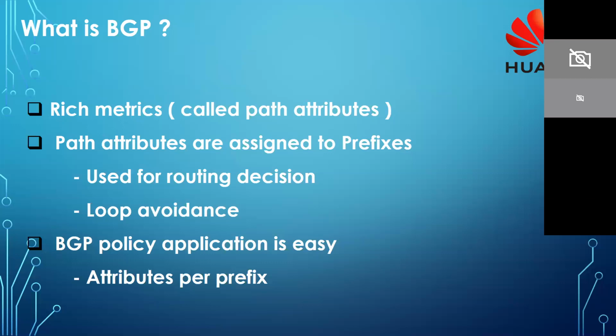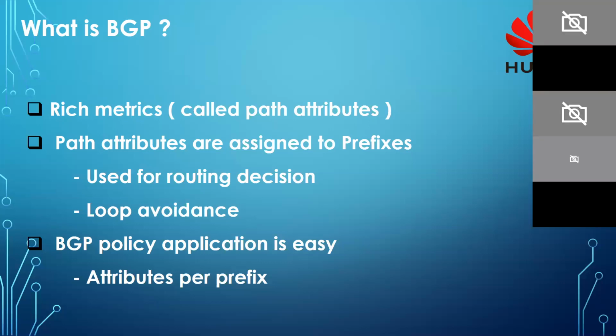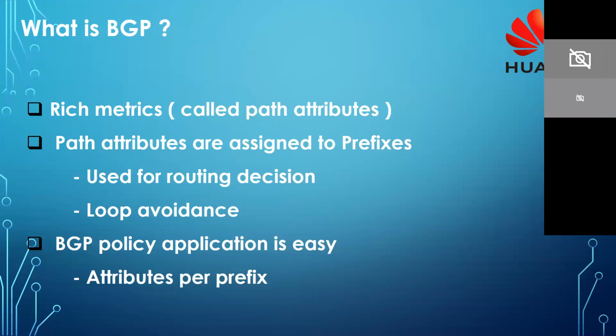In BGP, it's not like that. We didn't recreate the protocol. We just added an IPv6 address family, and BGP works fine. So for future usage, if we need to add something to BGP, it's easy to add.